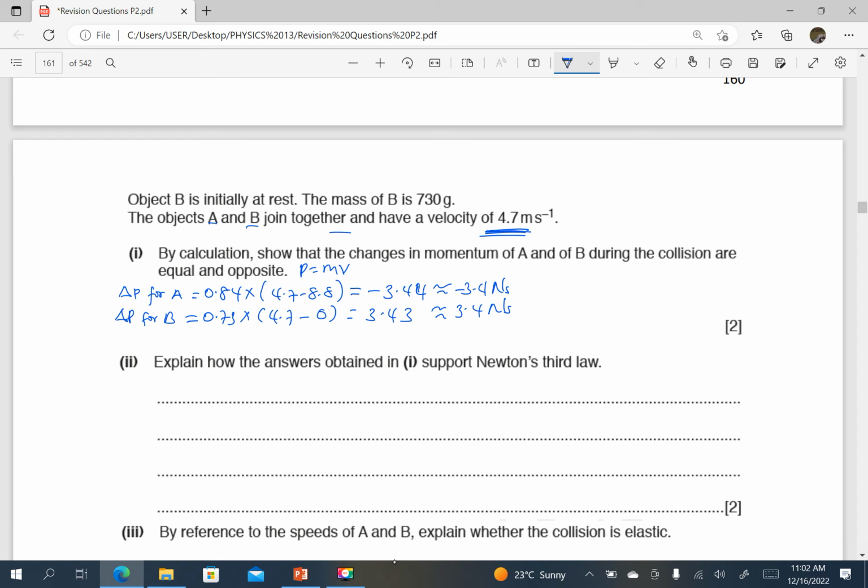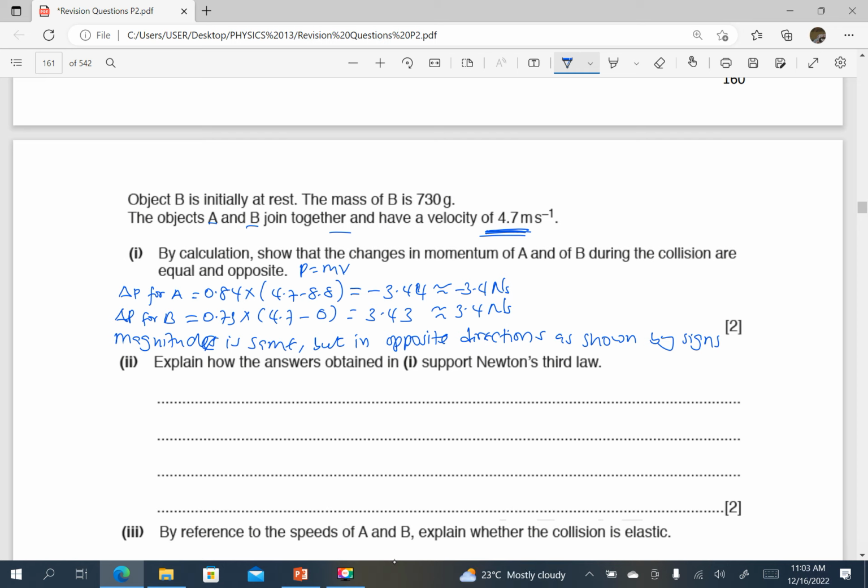So hence, the magnitude is the same, but in opposite directions, as shown by the negative sign. So one is positive, one is negative, meaning that they are in opposite directions.